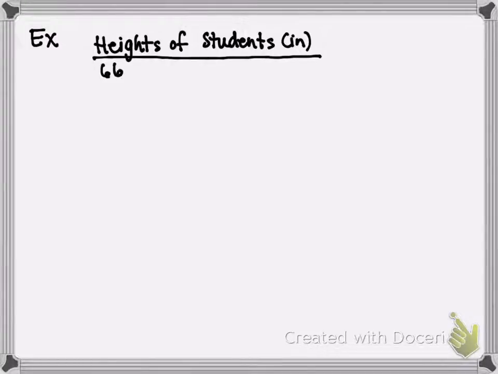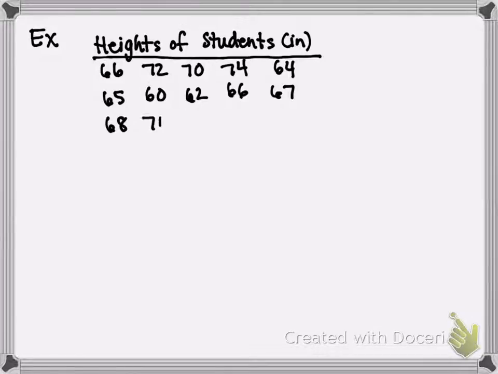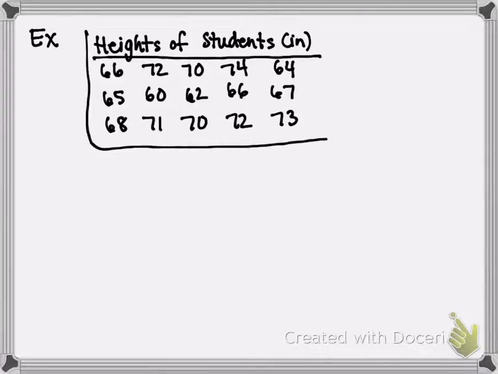We've got 66, 72, 70, 74, 64, 65, 60, 62, 66, 67, 68, 71, 70, 72, 73. And so this is how you're given your information.